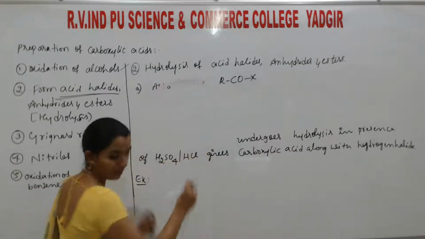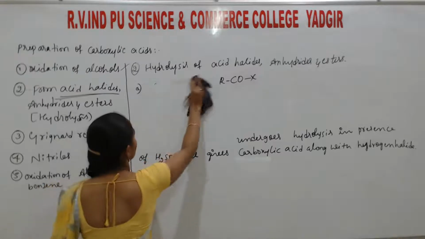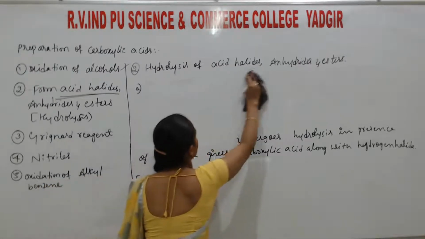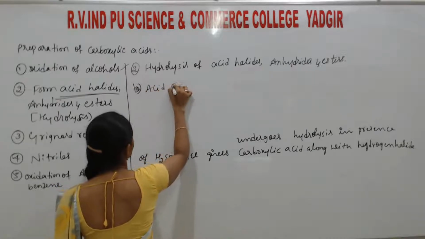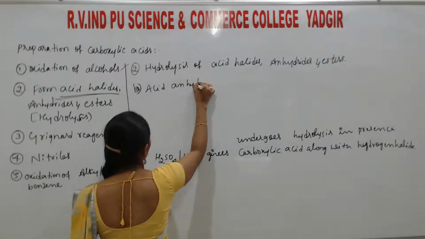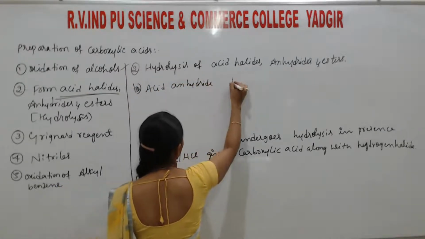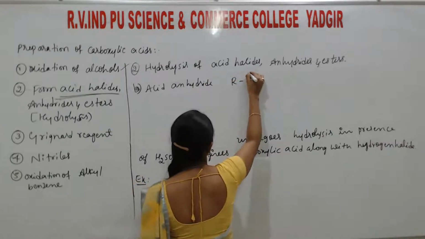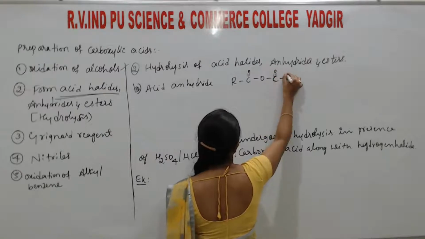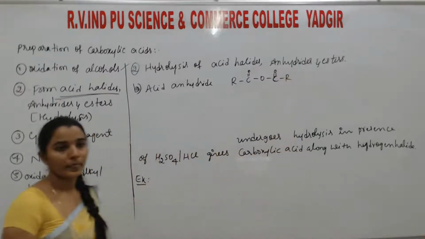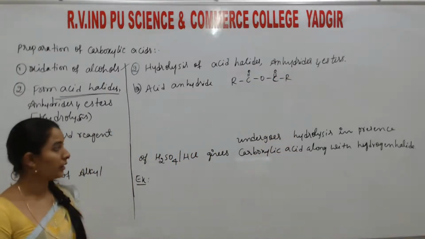Second one is from acid anhydride. Formula R C double bond O, C double bond O R. That is acid anhydride.